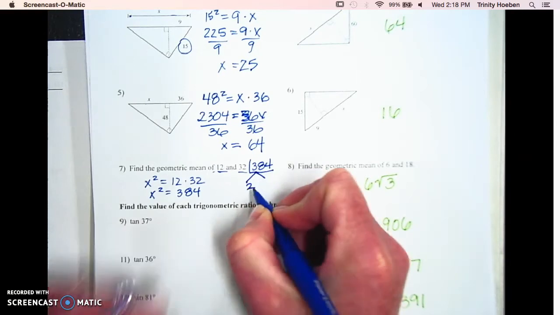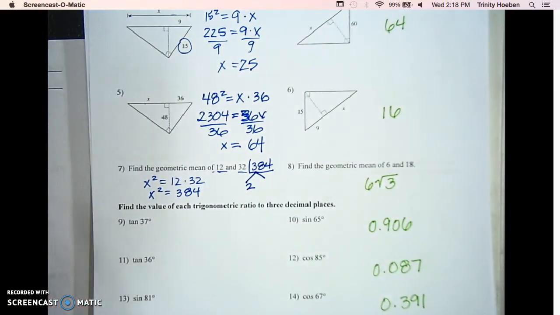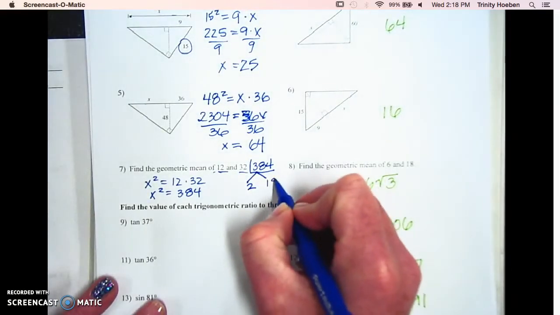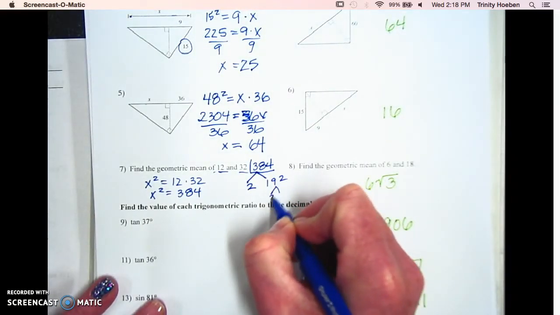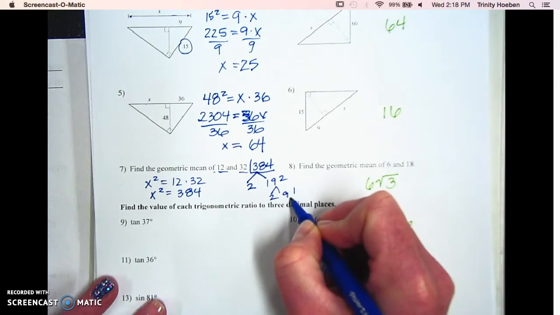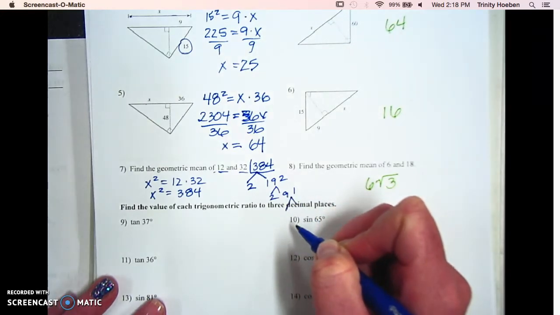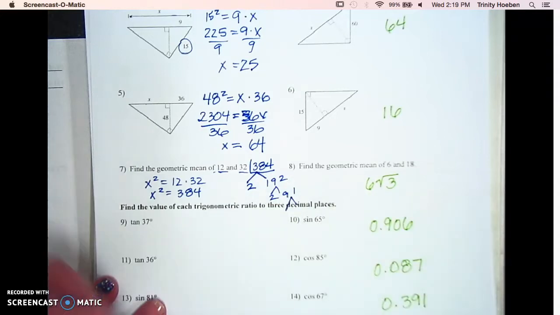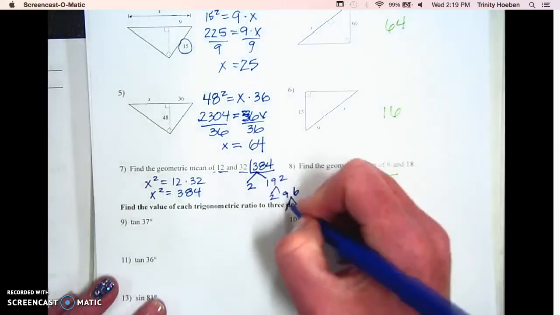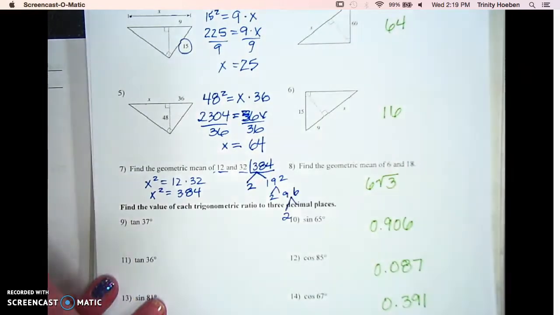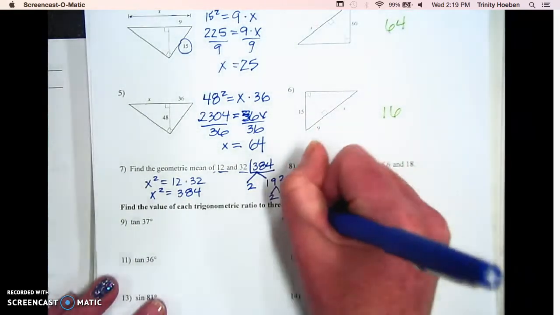So 384 is 2 times 192, which is 2 times 96. That's 2 and 48.